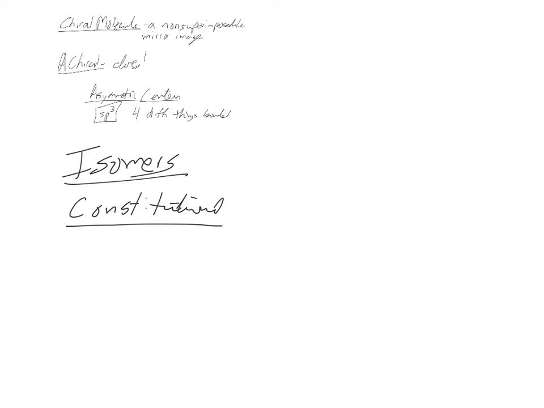So let's talk isomers. Easiest ones to remember are constitutional. Constitutional isomers have the same molecular formula, but different bonding patterns. So a great example is this. These are 2 constitutional isomers.